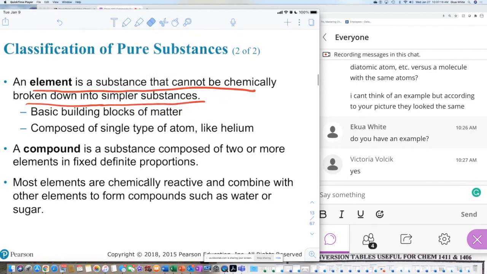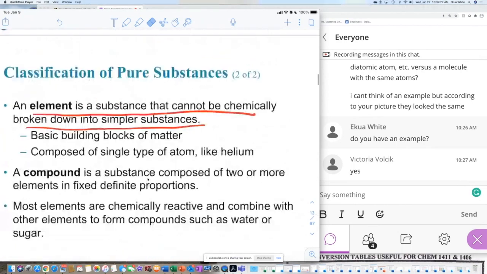So let me give you guys an example here with the elements. If you have an oxygen molecule broken down to oxygen atoms, it's still oxygen before and oxygen after. Okay? So for that reason, this is still an element.